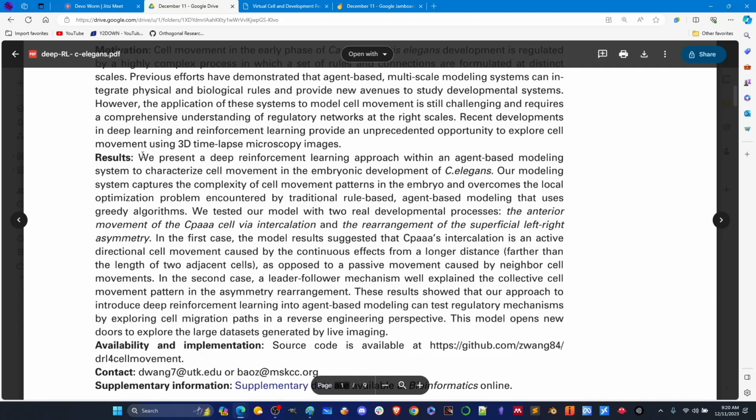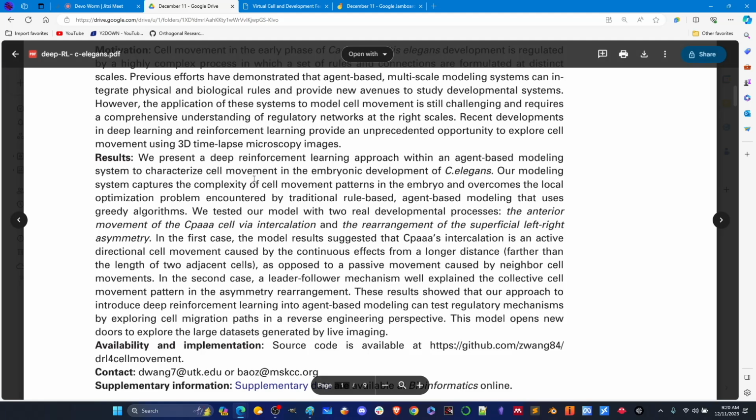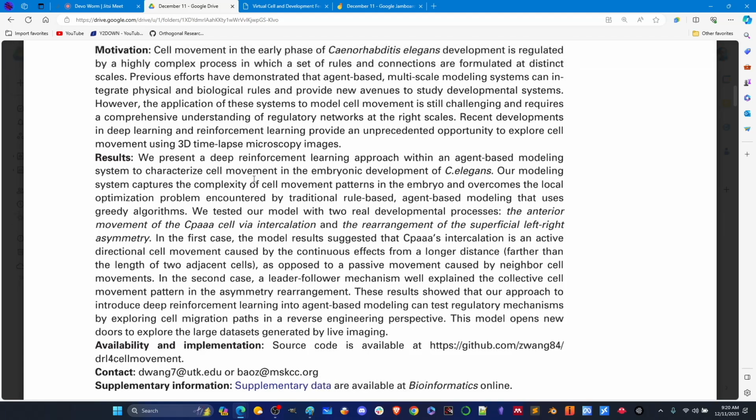So in this paper, they present a deep reinforcement learning approach within an agent-based modeling system to characterize cell movement in the embryonic development of C.elegans. So this is where they're characterizing the migration of cells after division. They're moving around the embryo, kind of acquiring new positions.